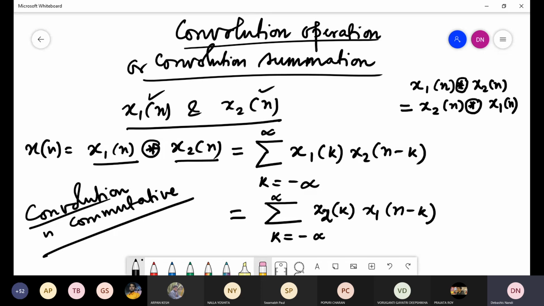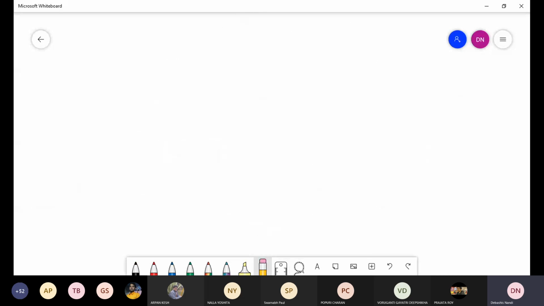Now let us see how the convolution operation is performed if I take two signals. I am giving one example, then it will be clear.